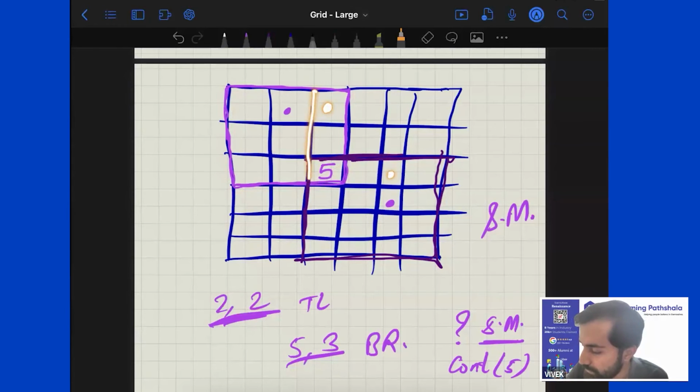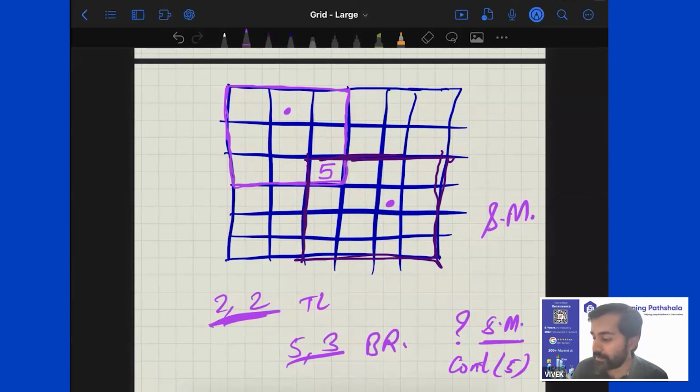So the submatrix that you get is this, and this contains this 5 inside it. You take any other example. Your top left is this and bottom right is that. So the submatrix that you get is this and it contains 5 inside it. Obviously it would contain it, because this is the intersection point. Is that making sense? How many of you are getting this idea?